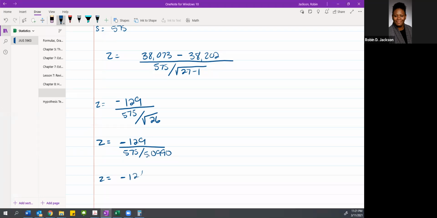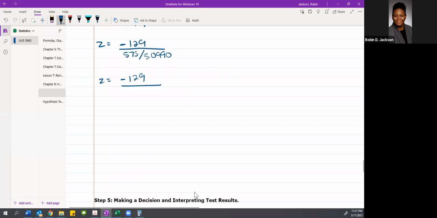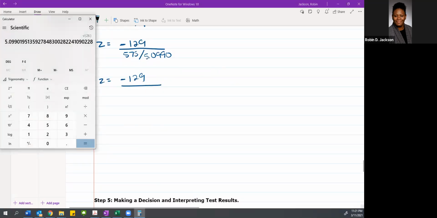Negative 129 divided by, let's see what this number is. 575 divided by 5.0990 gives us 112.7672.